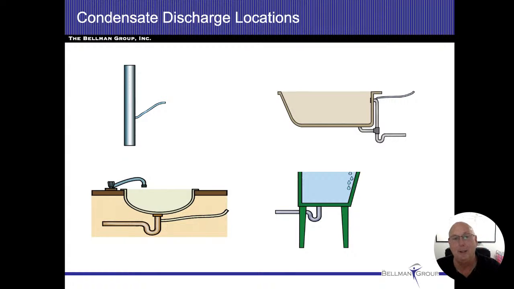So if you see answers where the discharge tube should discharge above a sink, above a tub, in a floor drain, above a floor drain, which one should it not? Above is fine. We want to have air gaps, but in is going to be the wrong answer. And we don't want to take a chance of getting any bad gases or any bad water clogging these things.